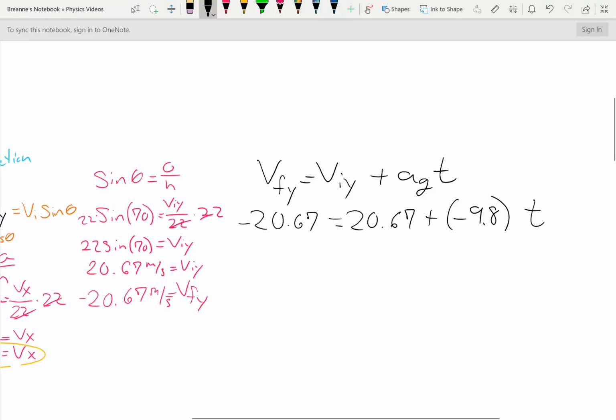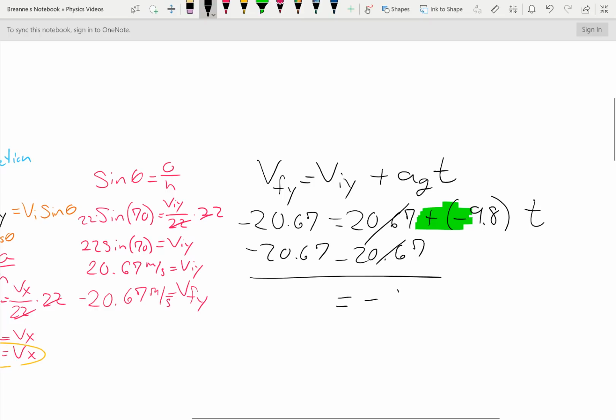We need to get t by itself. You cannot do anything with those two, so I don't want you to multiply that. So we need to subtract this 20.67 over. So you're left with a negative 9.8 times time over here.